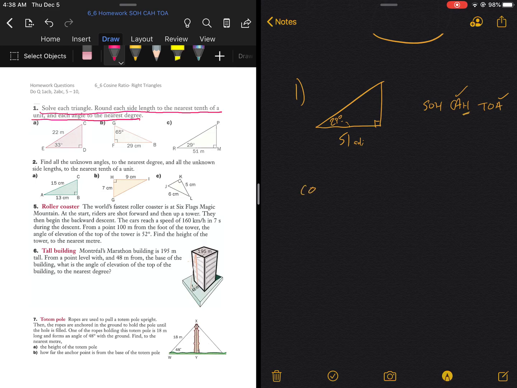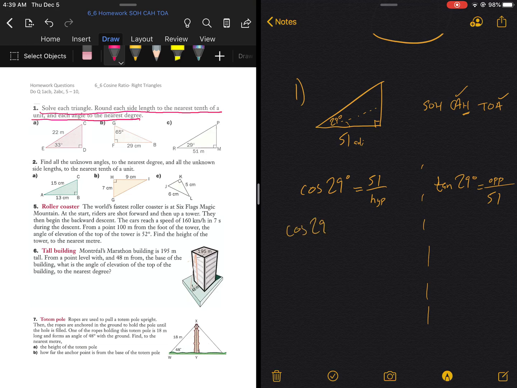If I want the hypotenuse, I use cosine. Cosine of 29 degrees equals adjacent, 51 over hypotenuse. And tan of 29 degrees equals opposite, which I don't know, over adjacent, which I do know. And we just solve.